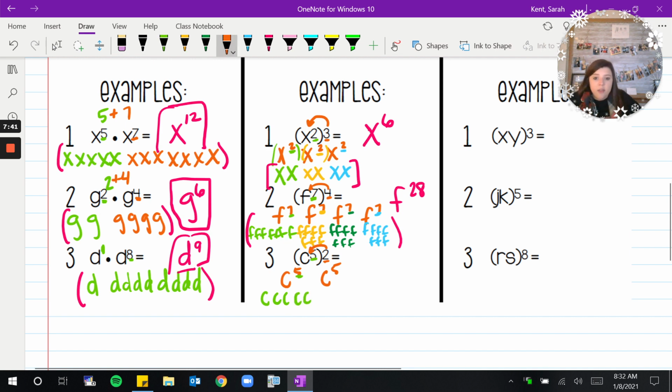And then I have another c to the power of 5, which means I have 5 more. In our final answer, I want how many all together. So here's 5, 6, 7, 8, 9, 10. So our final answer is c to the power of 10.